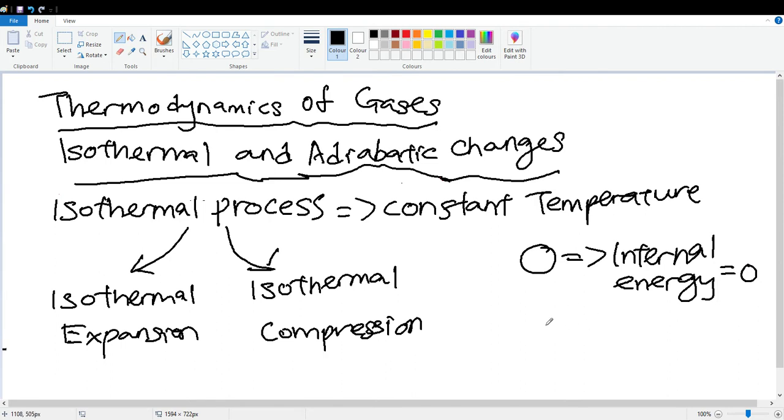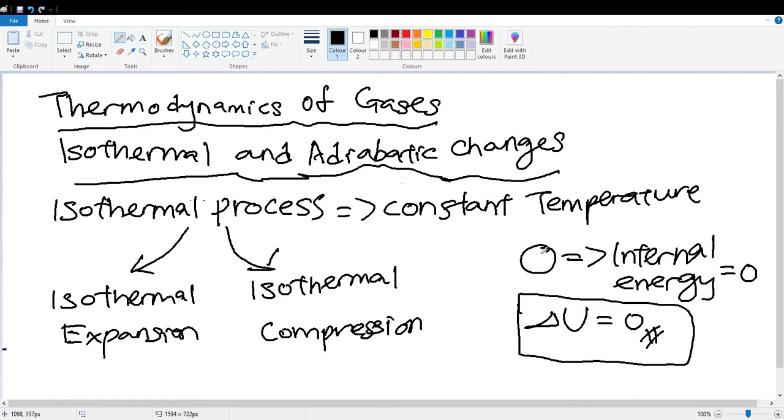I can simplify it by saying that the change in internal energy is equal to 0. Since there is no increase in temperature, the energy gained by the gas molecule is equal to 0. This is the main principle for the isothermal process.